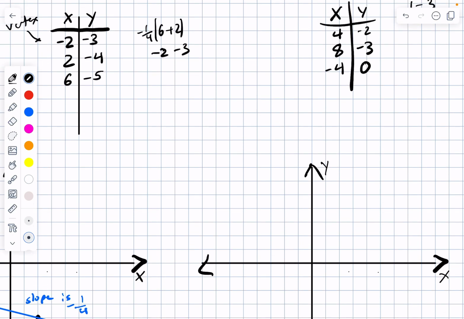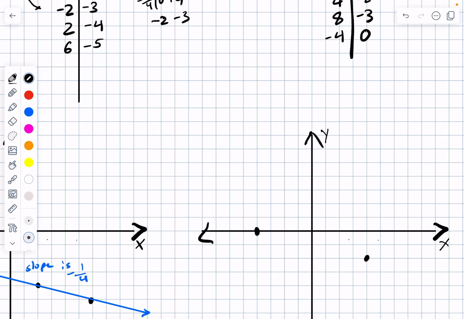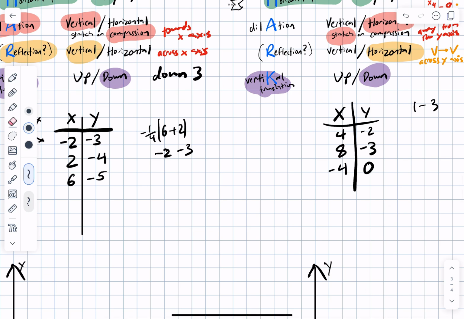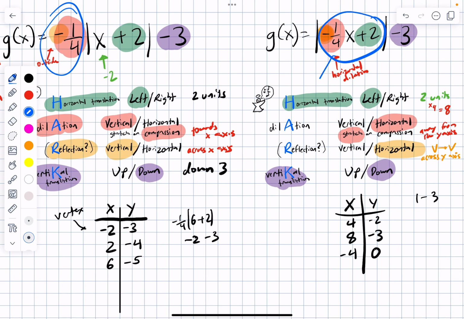1, 2, 3, 4, -2. We have -4, 0. And I have 8, -3. You can see this is going like this. And my vertex, I can find by setting what's inside the absolute value brackets equal to 0.